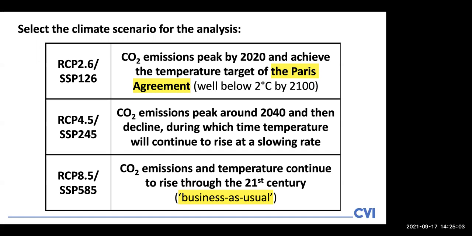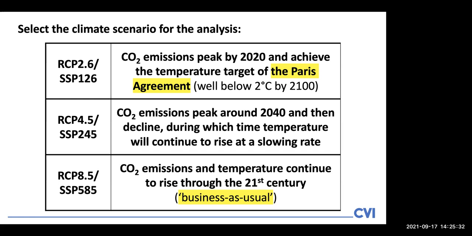The bottom row is reflecting what's often described as a business as usual scenario, that emissions and temperature will both continue to rise through this century. That's where the practices of technology and the practices of the global community are such that emissions and temperature continue to rise.